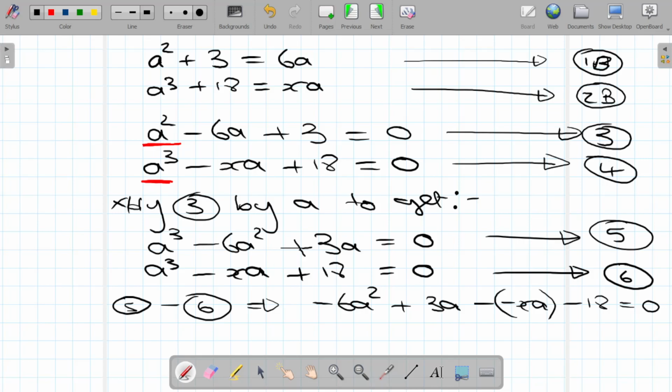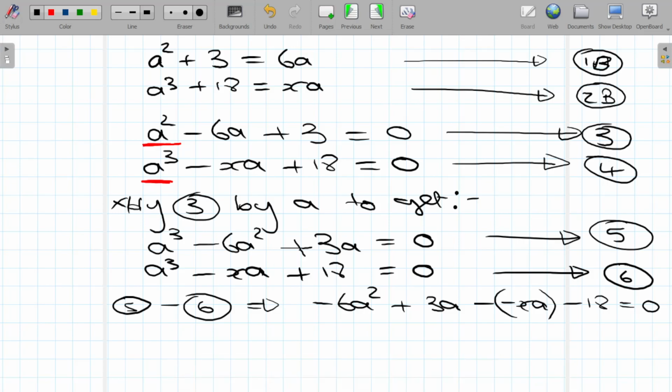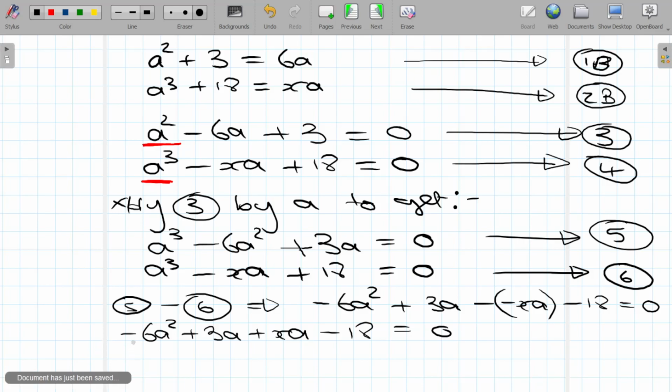So if we tidy this expression up, we get minus 6a squared plus 3a plus xa minus 18 equal to 0. Now I'm going to multiply everything on the left-hand side and the right-hand side by minus 1.